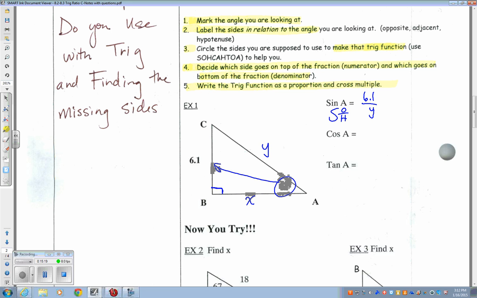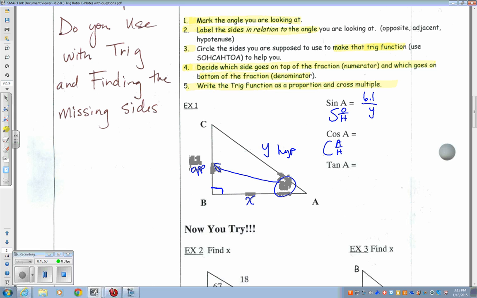So what you need to be comfortable with is making sure you can first label your angle, then label your parts, because if I'm doing sine, the parts would be opposite and then hypotenuse, and then determining which trig function you would have to use, and then writing that ratio correctly. So if I do cosine of angle A, that's the CAH.